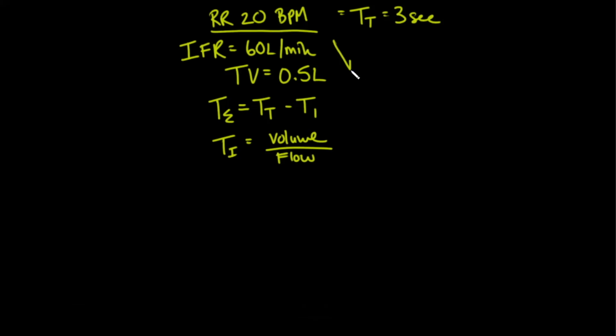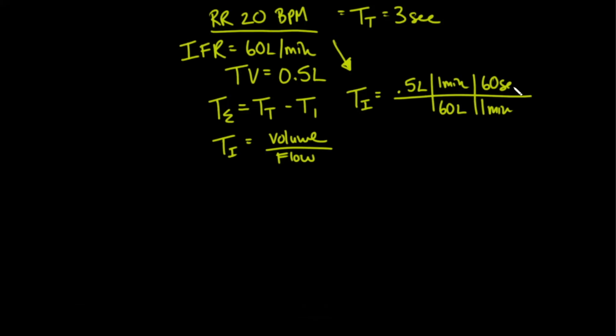That means that where we are currently set up right now, the time it takes for inhalation is simply equal to the amount of volume that we're going to give, which is 0.5 liters. We're going to divide it by our inspiratory flow rate, which is 60 liters in 1 minute. But remember that in 1 minute, there are 60 seconds.